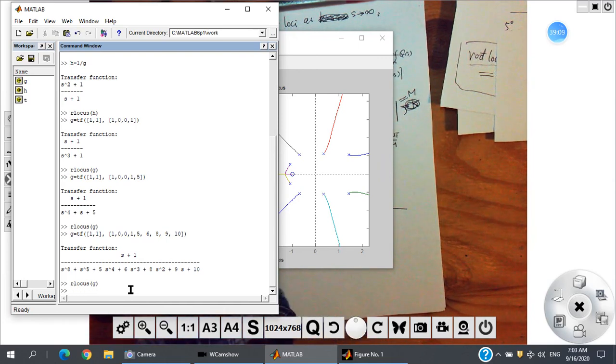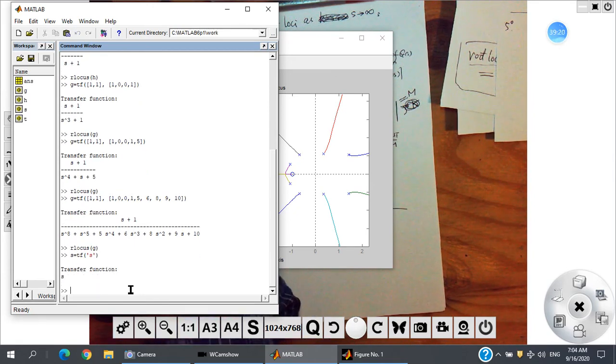Let me work like this. I use a transfer function of s, g. Now I let g equal, the numerator is s plus 1. I still use one zero.